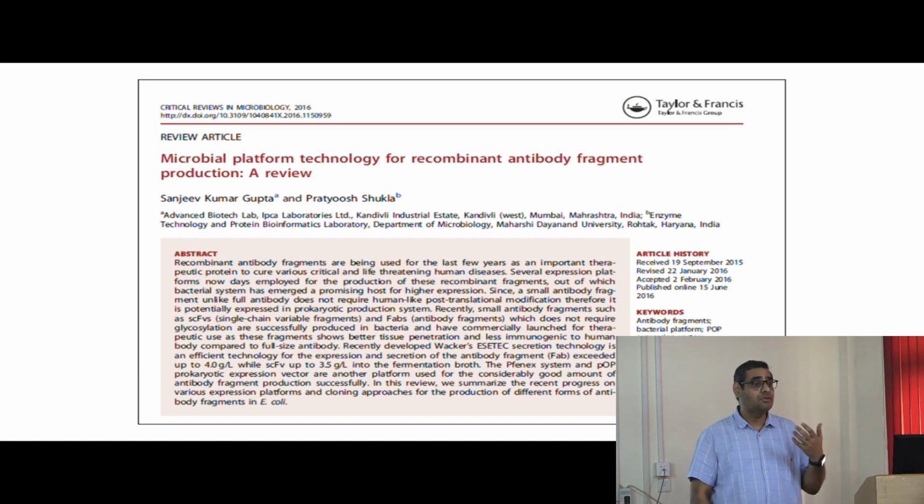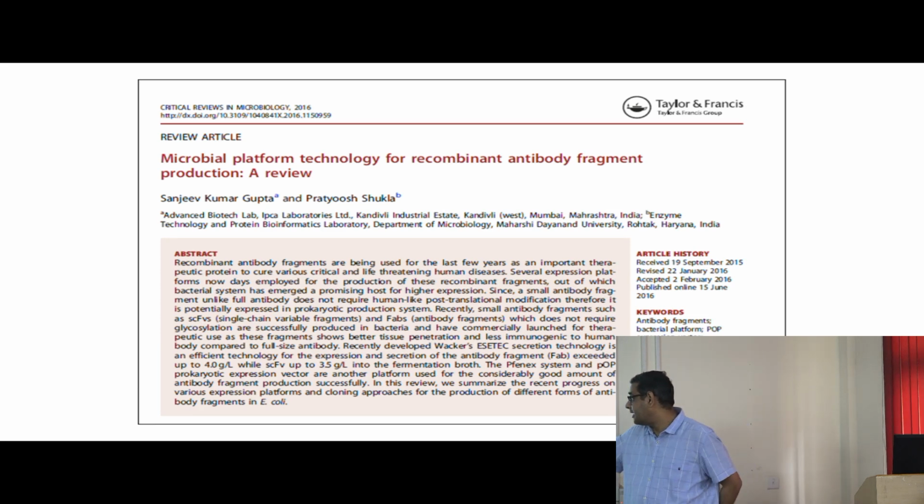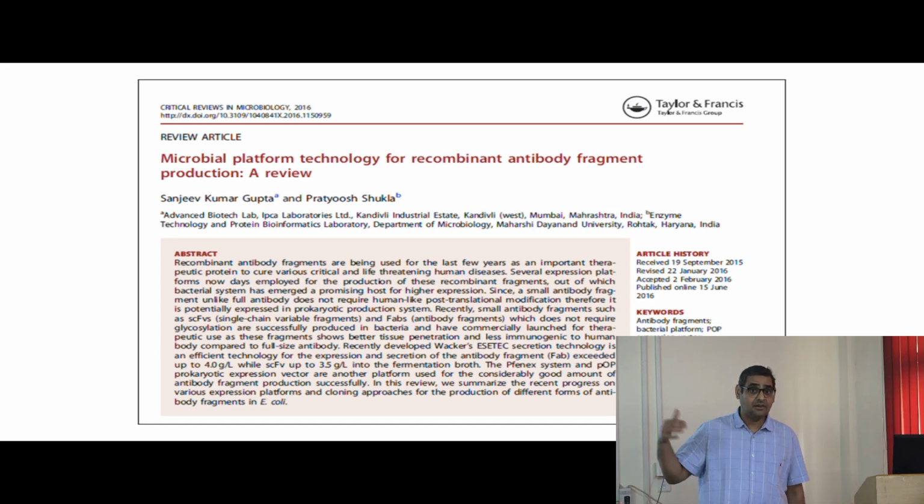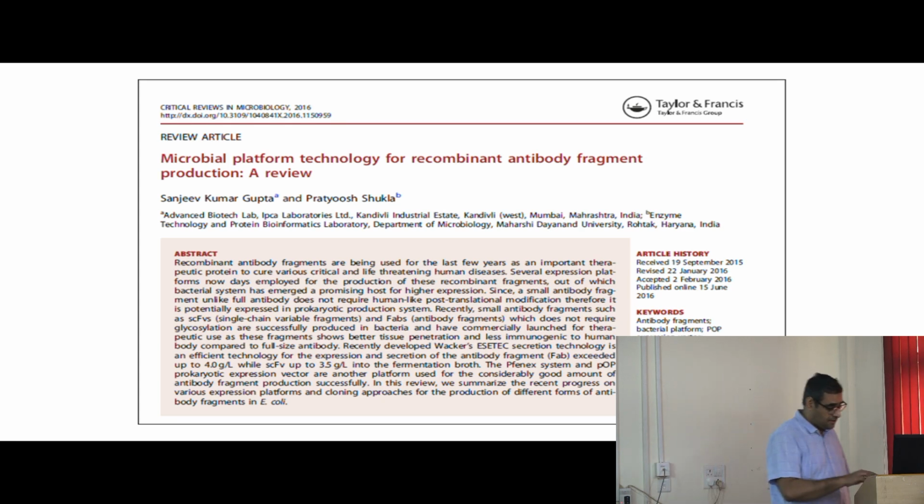Because if you do not read, you cannot understand the state of the art. So this is very important. Here we have also covered the secretion technology for expression of the Fab, especially for production in the fermentation crop, and also the expression vectors, which are analyzed in this paper.